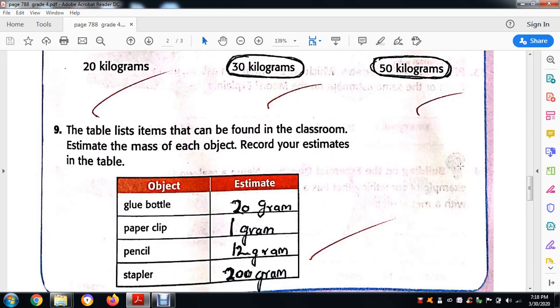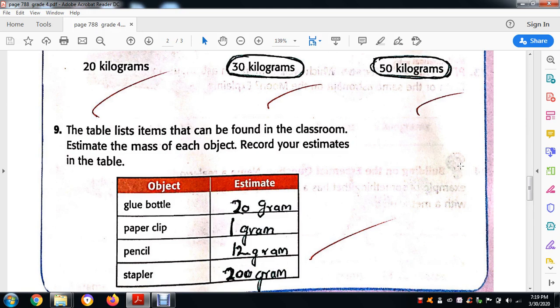In number 9, they have given some objects and they tell the estimates of their measurement. Glue bottle, maybe 20 grams or 30 grams. Estimate means near about, not exact. Some bottle may be 20 grams, some bottle may be 30 grams.